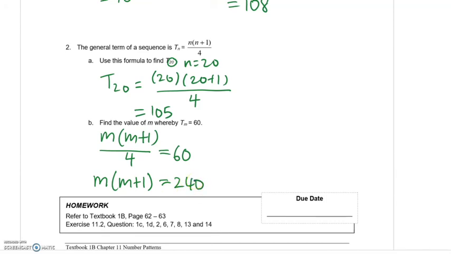And, well, what do we notice about m times m plus 1? Well, here, m and m plus 1, they are basically two consecutive numbers, right? Not just two consecutive numbers, they are two consecutive integers. Okay, so let me just put a note down here.